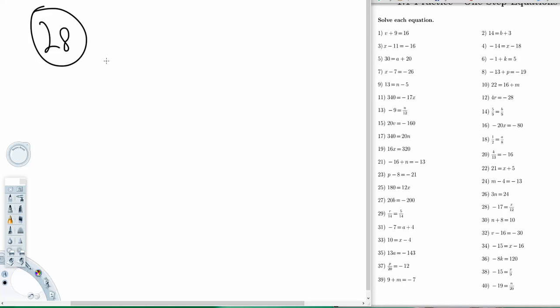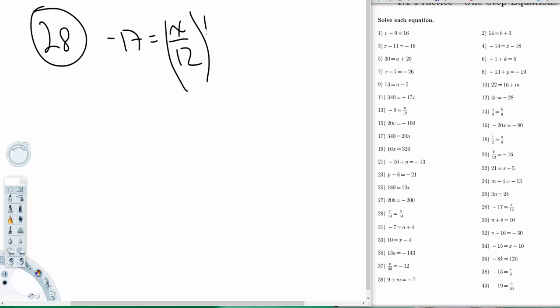28 now. Oh, now we're getting into the tricky problems. x over 12. Ooh, that's bad. How do we solve this? Well, if something is divided by a number, if you multiply by the number, you're essentially canceling it out.